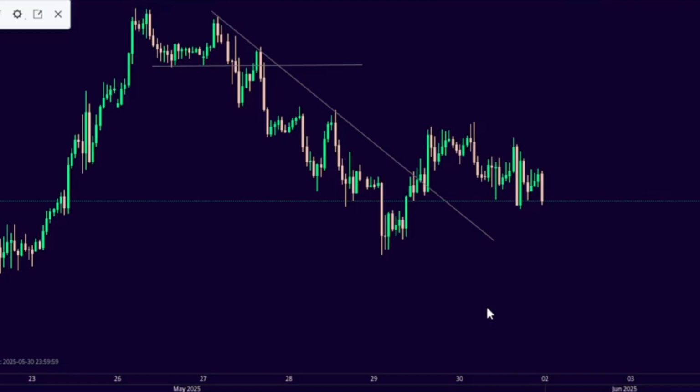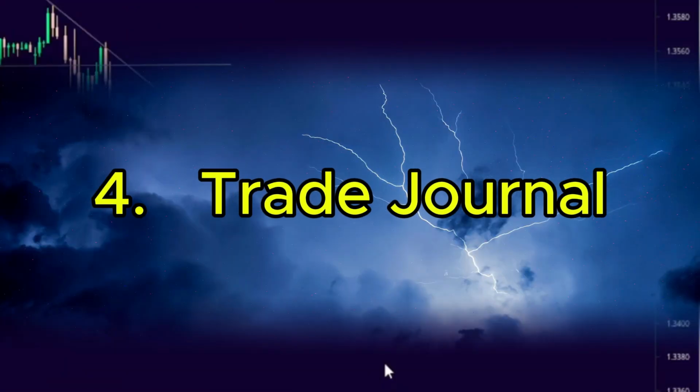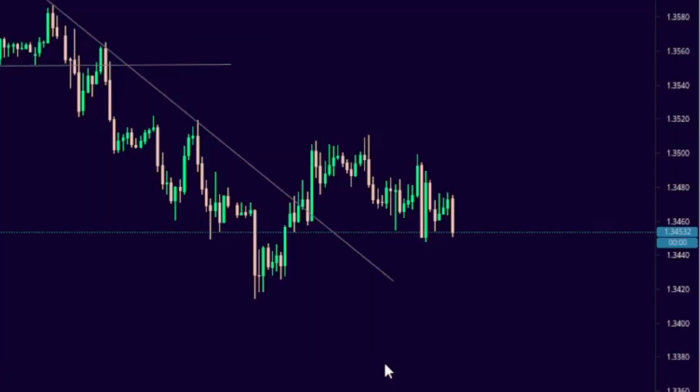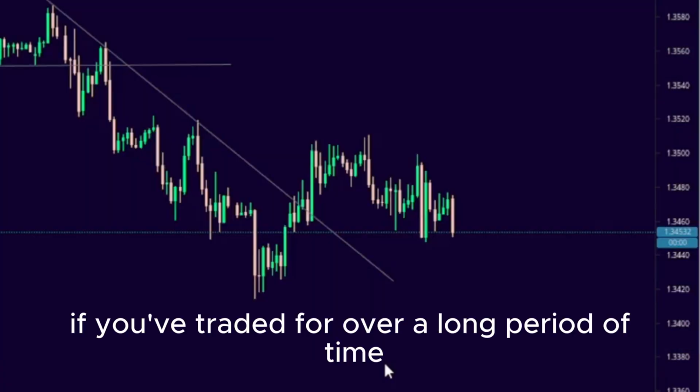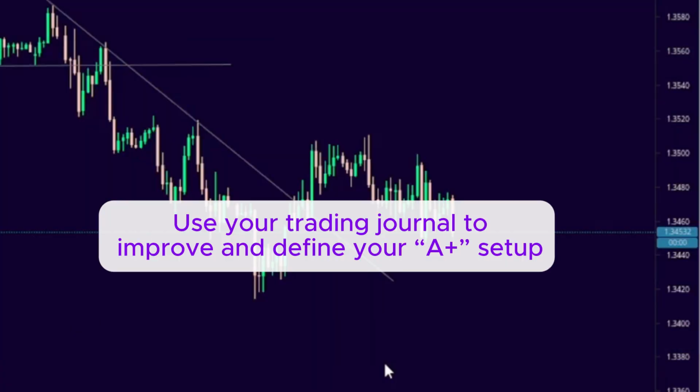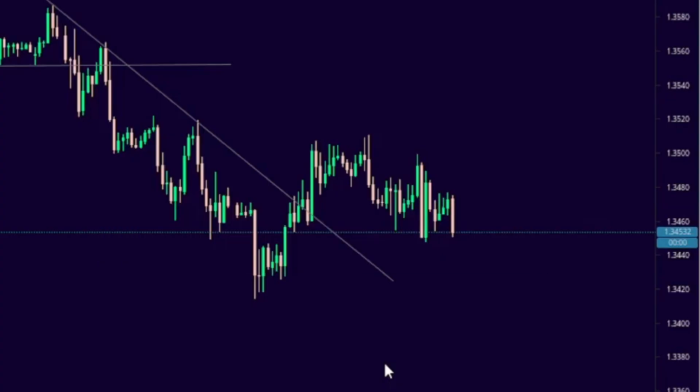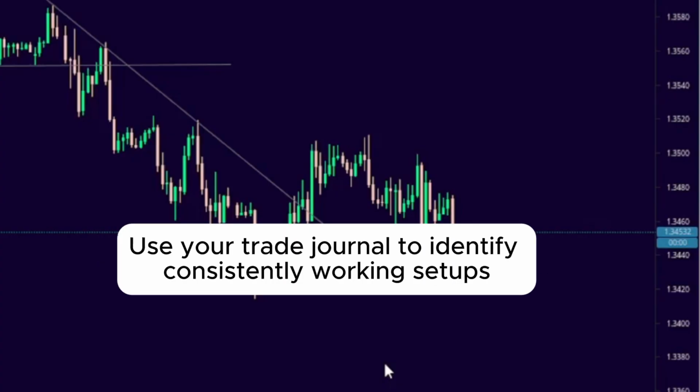Now, another way of knowing if a trade is a high probability trade setup is through your trade journal. If you've traded for a long period of time and you always record your trade performance, after a long period of time you'll be able to discover that a specific way a market moves gives you better results.